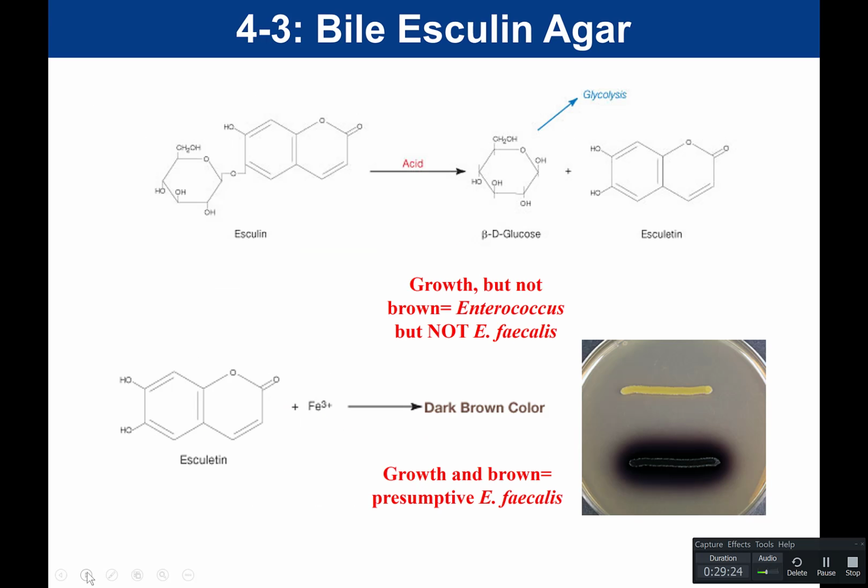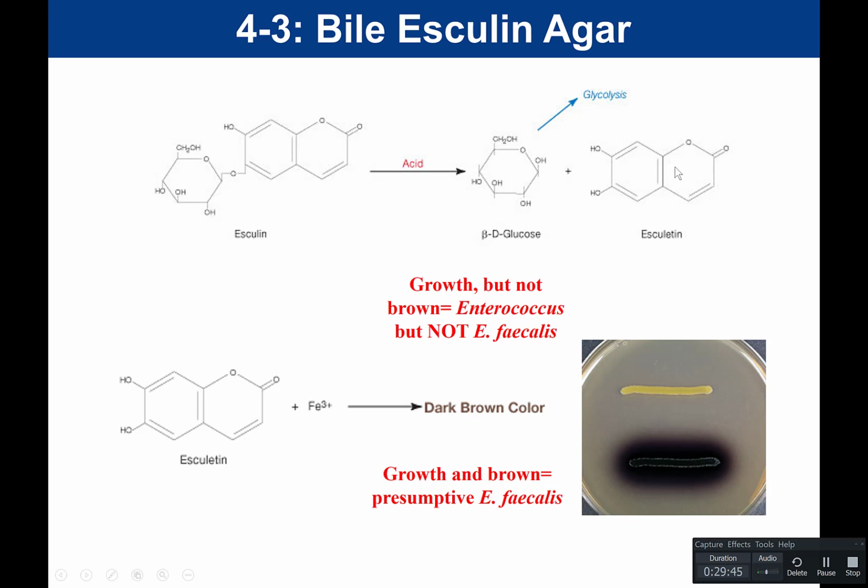So this slide you want to review. Okay, so esculin is going to be your substrate. It's your food source. Your product is going to be glucose. So that's the reason that organisms can use esculin as a food source. It produces glucose, which is used for food. And the other product is going to be the esculetin.